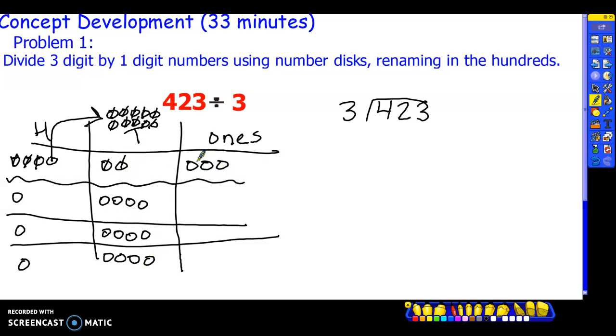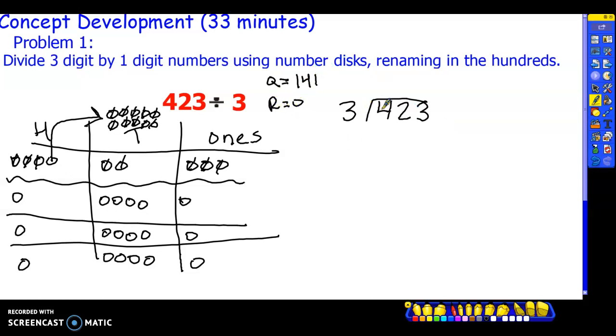All right, my last step here is to do my 1s. So I've got 3 of them, so only 1 goes in each group. All right, so seems like we've got our quotient as 141 with a remainder of 0.